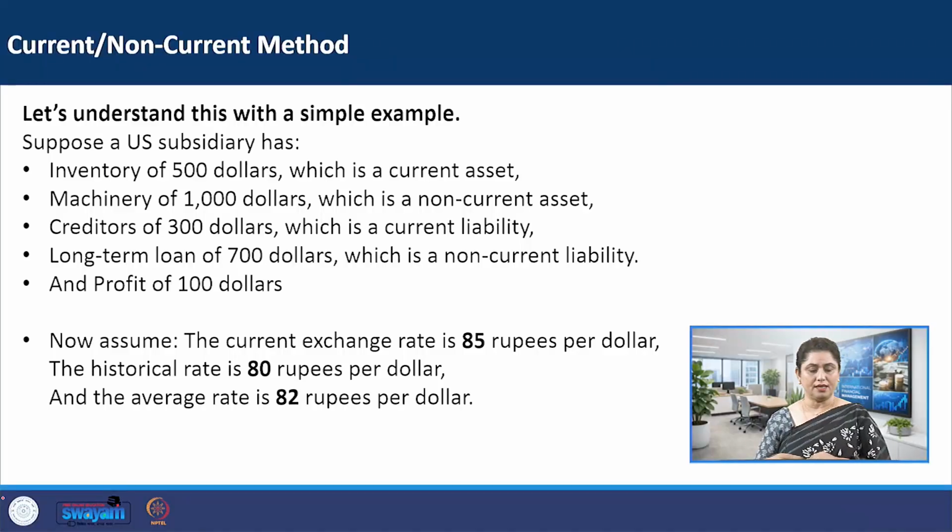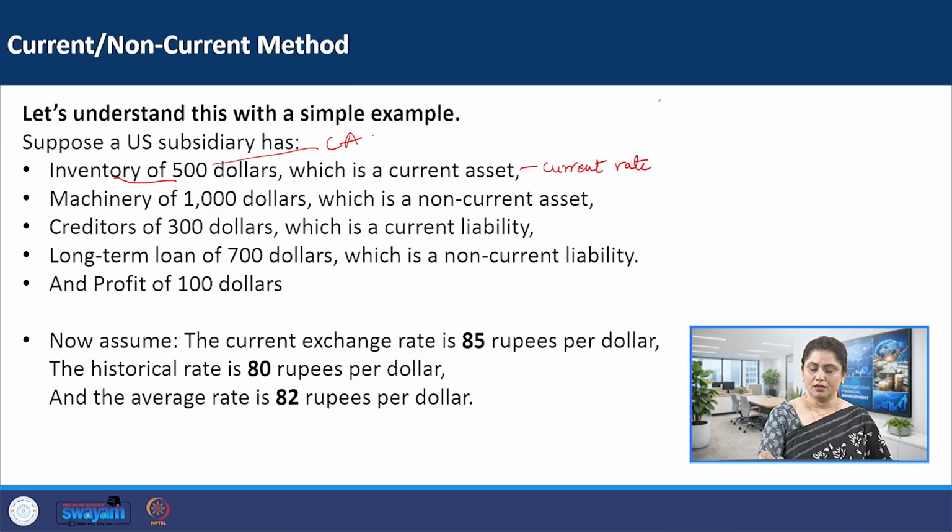Now, let us understand this simple example of the current and non-current method. We have been given inventory. Now, inventory is a current asset. Since inventory is a current asset, it is going to be converted at the current rate.